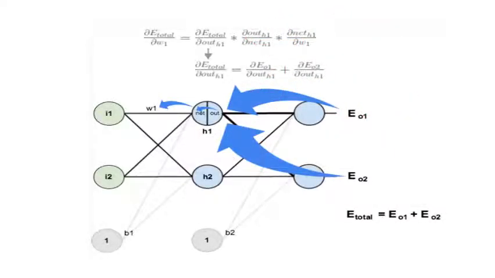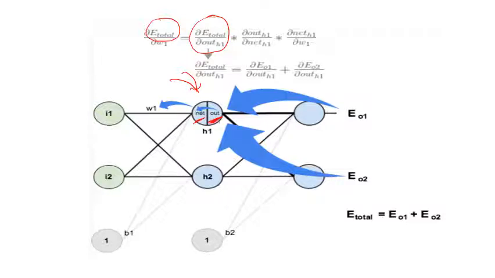So the idea is similar to the previous one. What we need to do is to take a derivative with respect to w1 of the total error. We need to apply again a chain rule. So what we will do, we'll just see this node only. So this node is having this net input and this is the output here, right? So first we'll take a derivative of the total error with respect to the output h1.